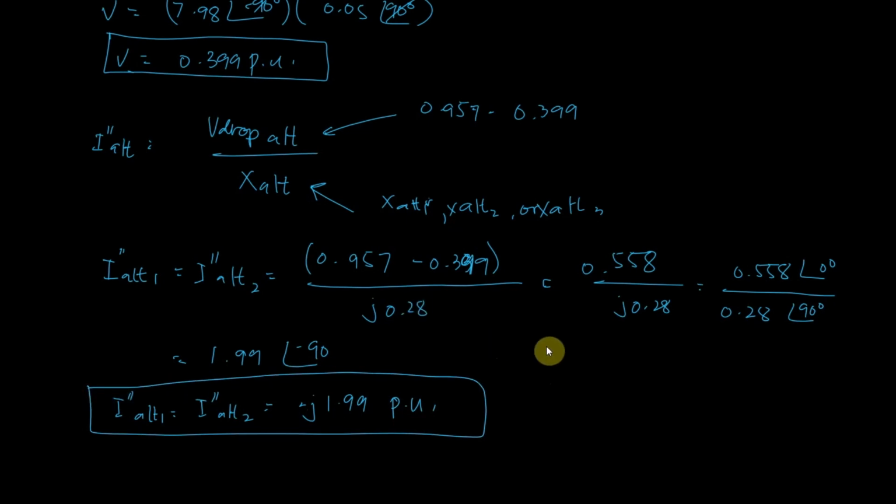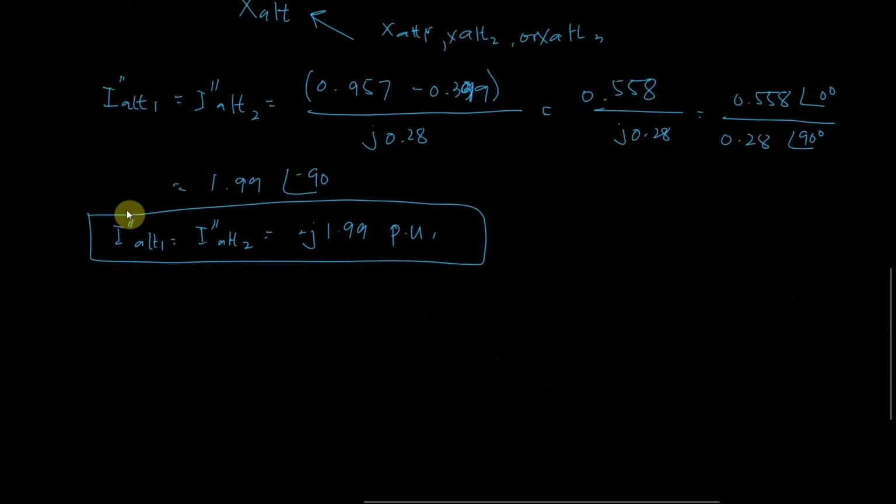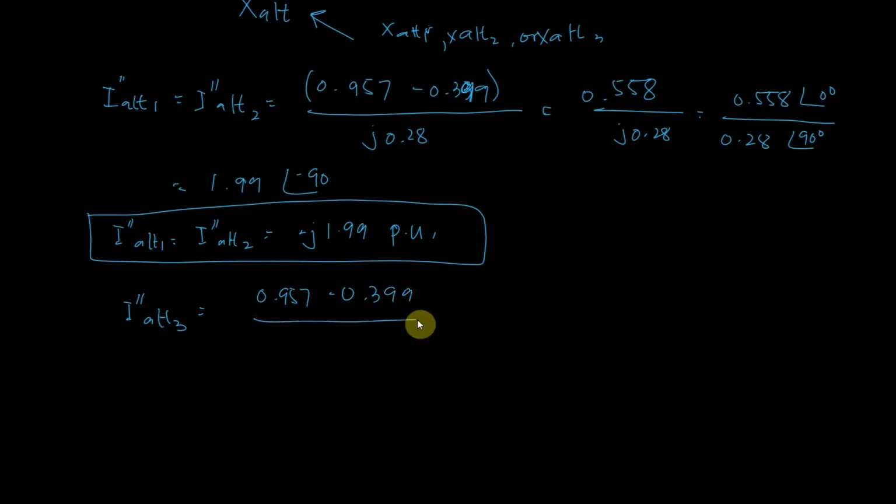Pagdating naman sa ating alternator 3, so sub-transient current sa ating alternator 3 is equal to yung voltage drop pa rin, which is 0.957 minus 0.399 divided by yung converted sub-transient reactance sa alternator 3, which is j 0.14.